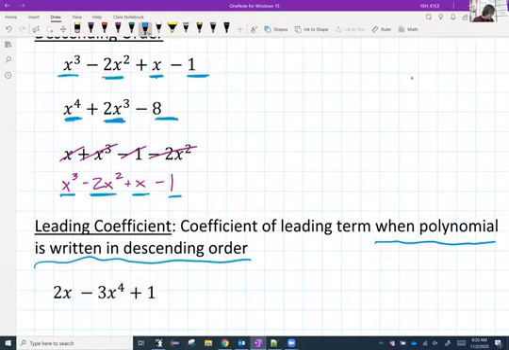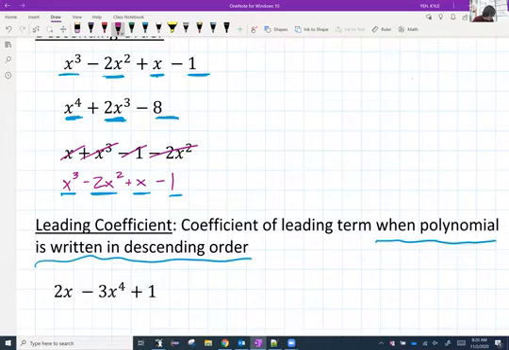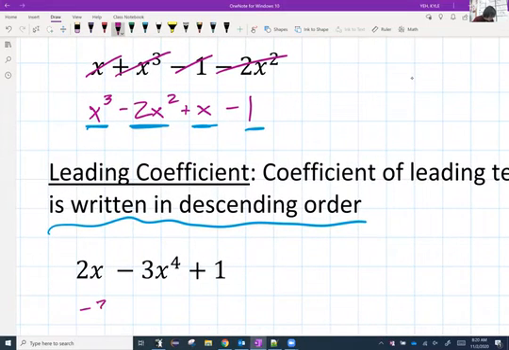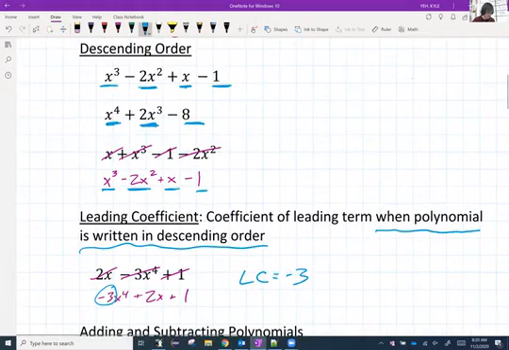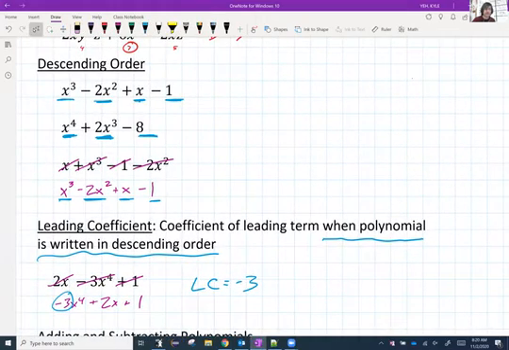So when it's written in descending order, what would this be? We need the negative 3x to the fourth first, then the plus 2x, so putting it in descending order, plus 1. And so what is my leading coefficient? Negative 3 in this case. It's that number in front of the highest term. That's what the coefficient is. Leading just means it's in front when it's in descending order.